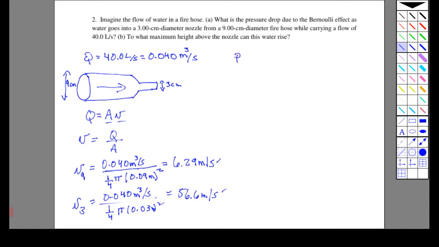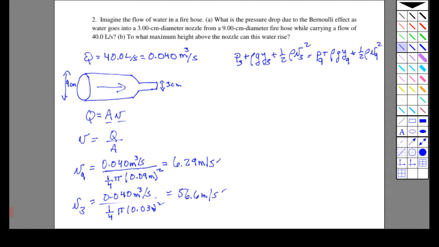So from Bernoulli's equation, we know the pressure through the 3 centimeter diameter nozzle plus rho times g times the height of the 3 centimeter nozzle plus 1/2 rho v3 squared is equal to P9 plus rho g y9 plus 1/2 rho v9 squared.